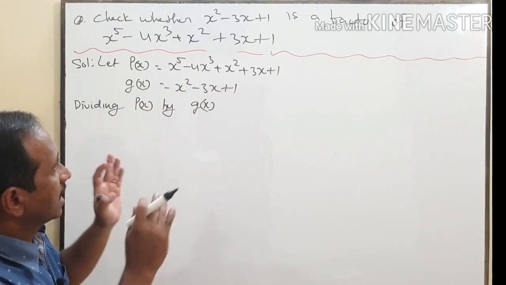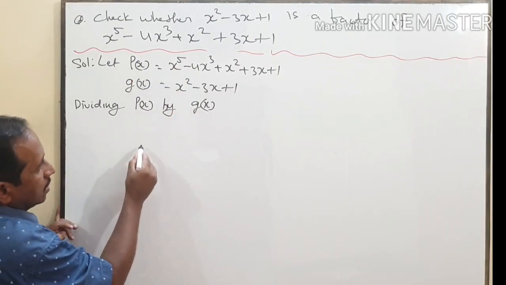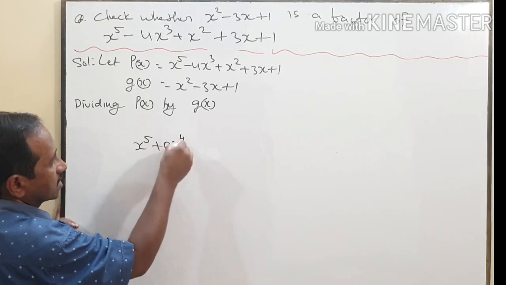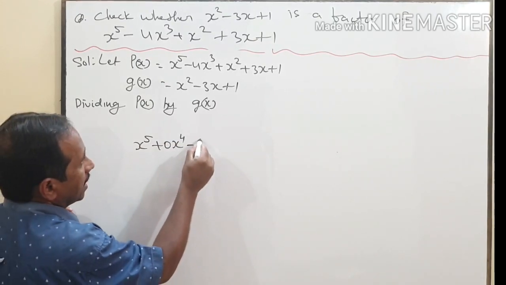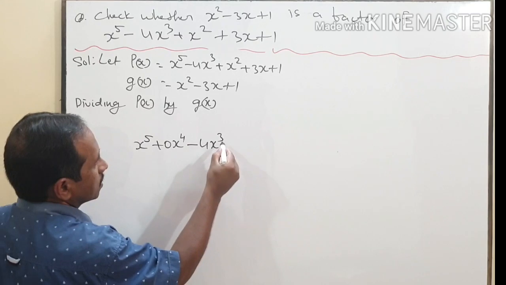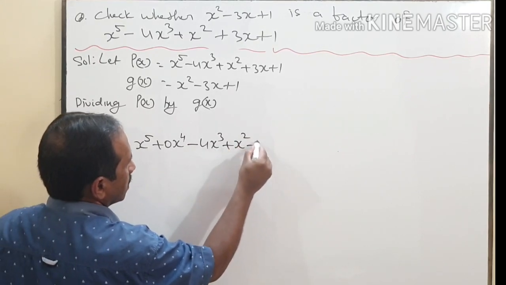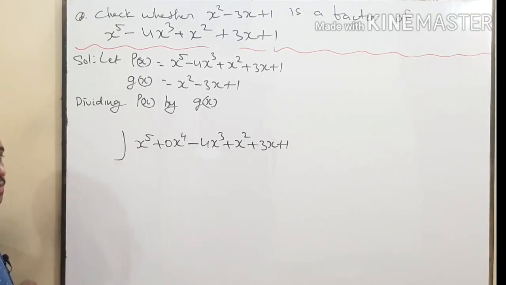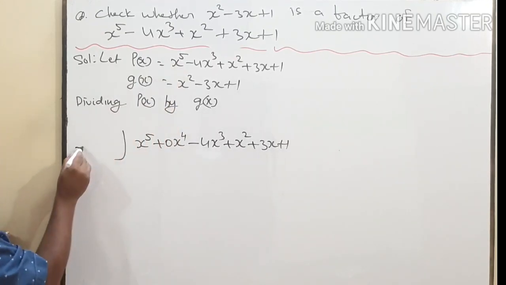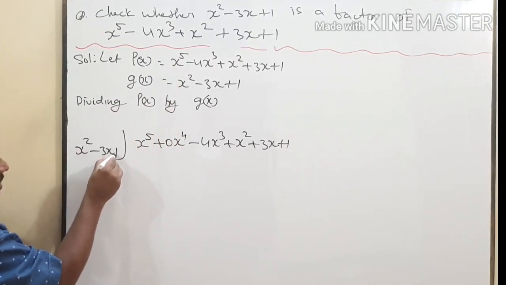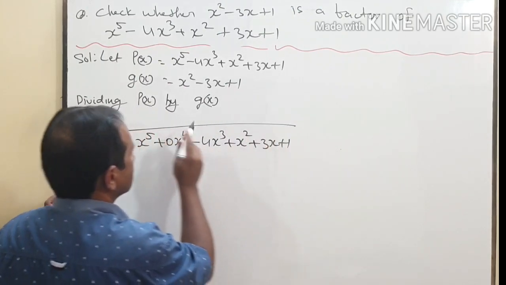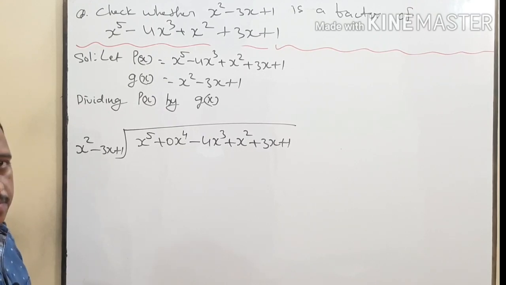We will write the dividend polynomial like this: x raised to 5 plus 0x raised to 4 minus 4x cube plus x square plus 3x plus 1, divided by the divisor polynomial x square minus 3x plus 1, and here you write the quotient.